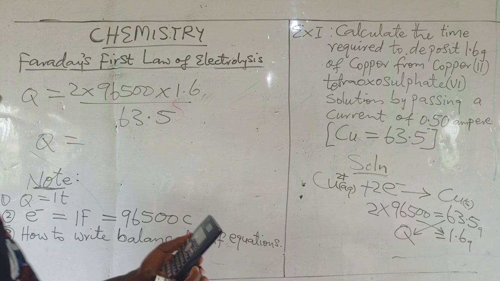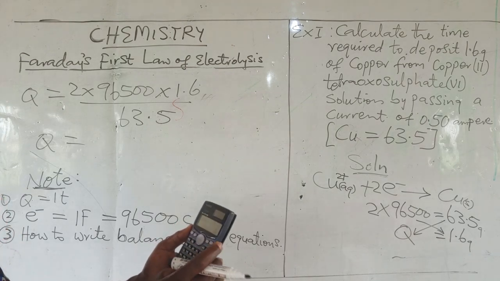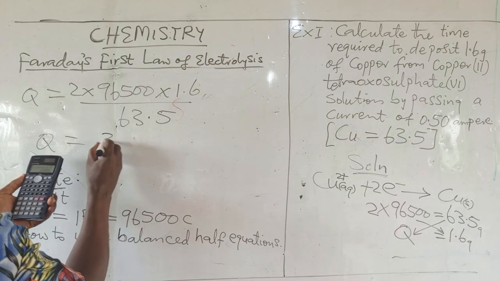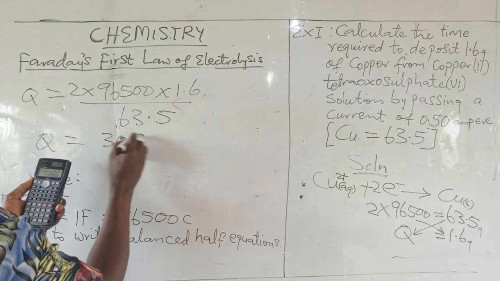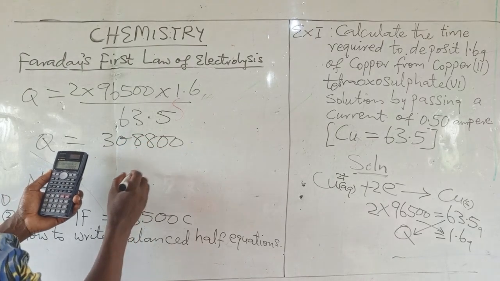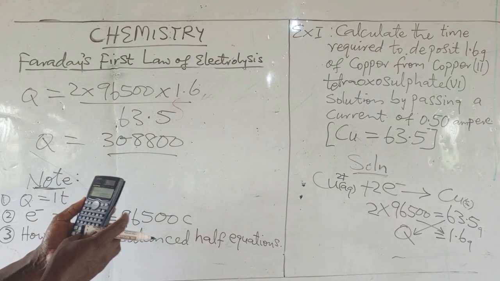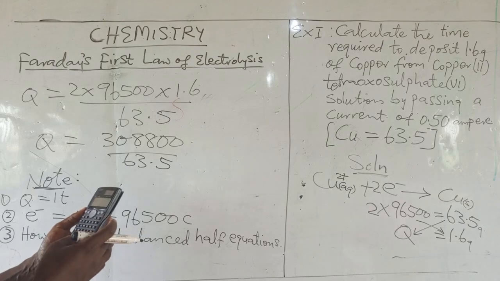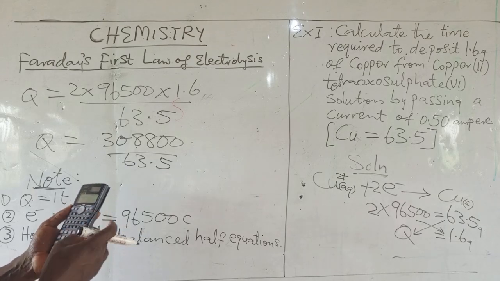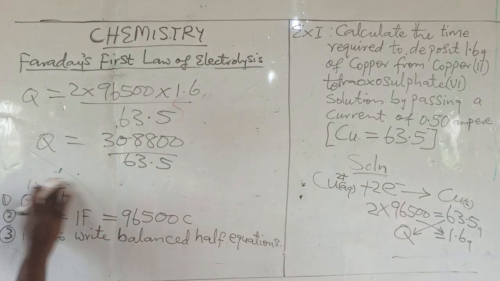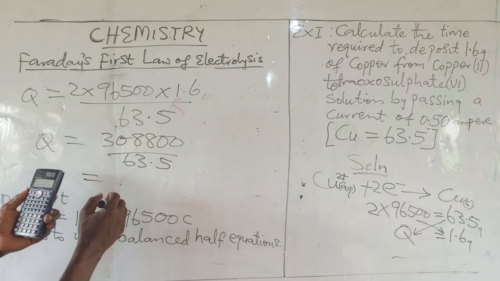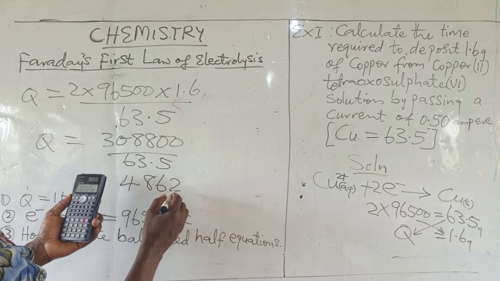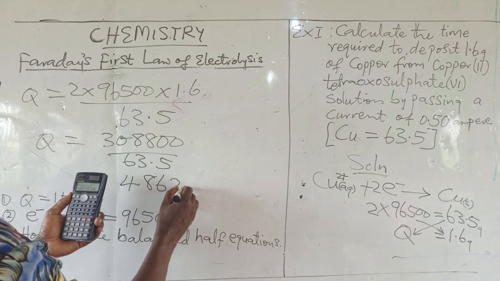That gives me 2 times 96500 times 1.6, which gives me 308,800, all over, divide that by 63.5, and that gives me 4862.29.